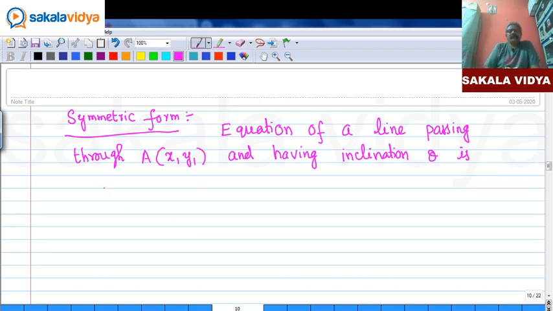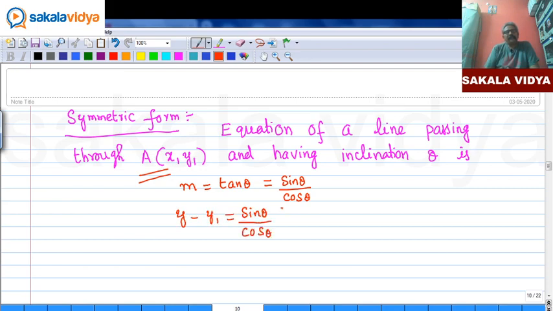So, now here as the inclination theta is given, m is equal to tan theta. This can be written as sin theta by cos theta. Now, we know the slope of the line and the point it passes through. So, we can write y minus y1 equals sin theta by cos theta multiplied by x minus x1.